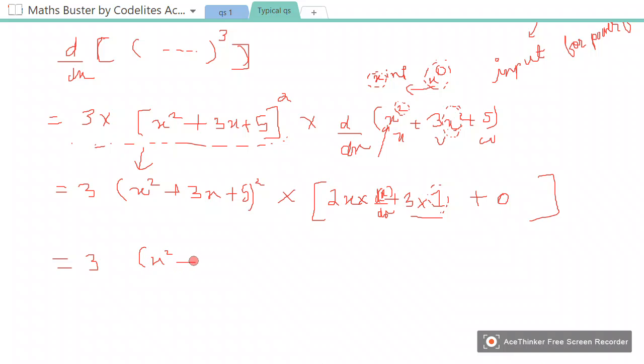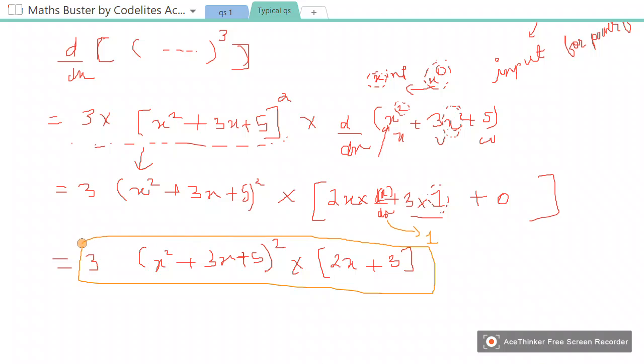So your result will remain the same: 3 into x square plus 3x plus 5 the whole square, into 2x plus 3. Okay, because this is your 1, this is your final result.